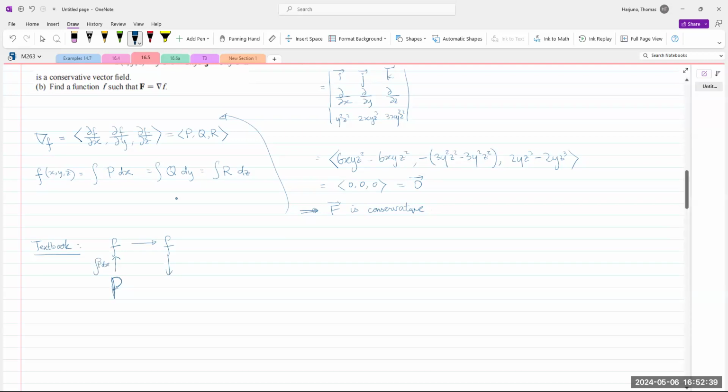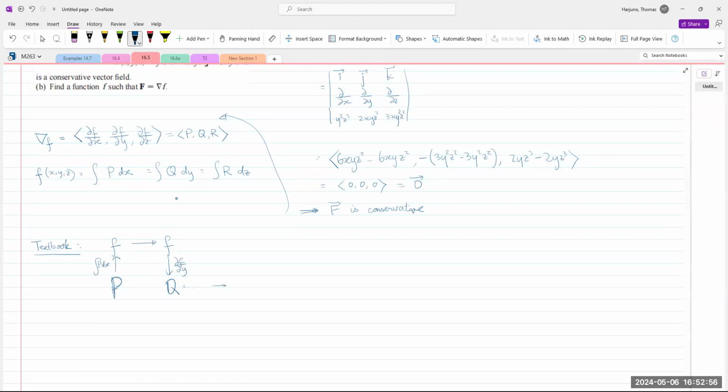Okay, and then later on I will do the partial with respect to y and set it equal to q. And there's something I need to equate there.